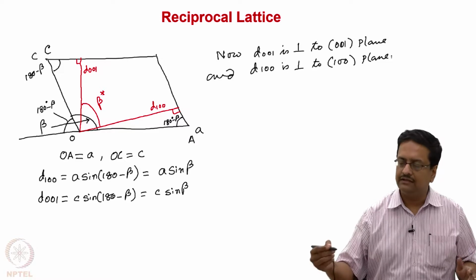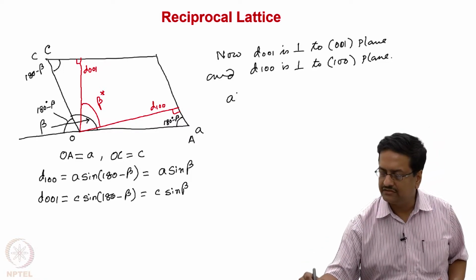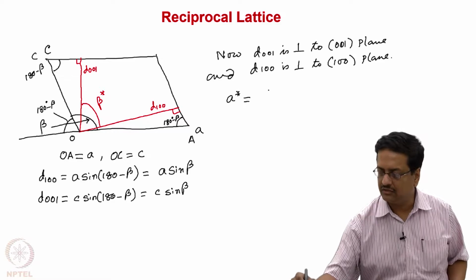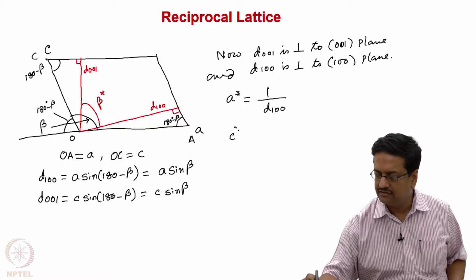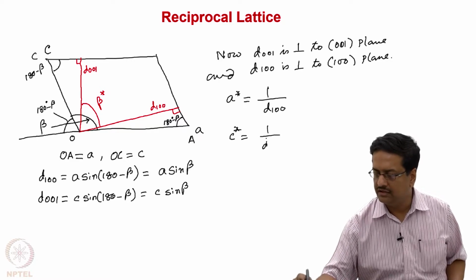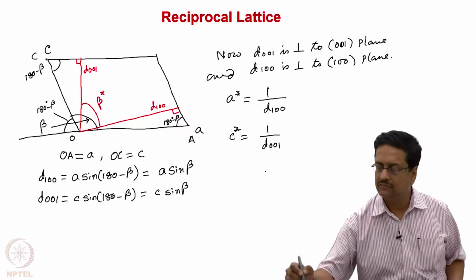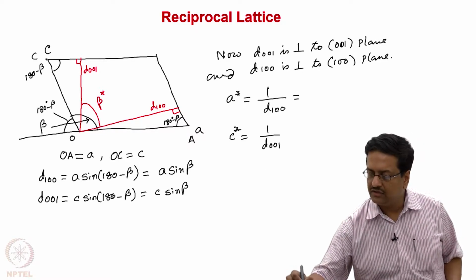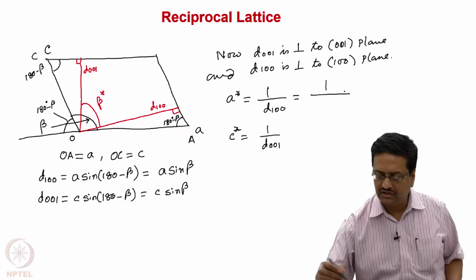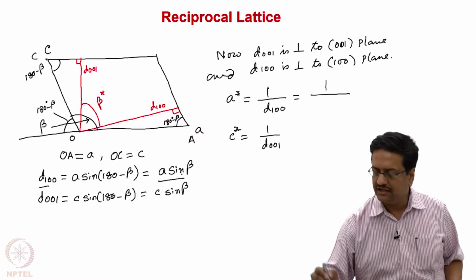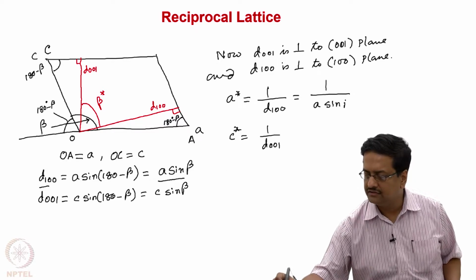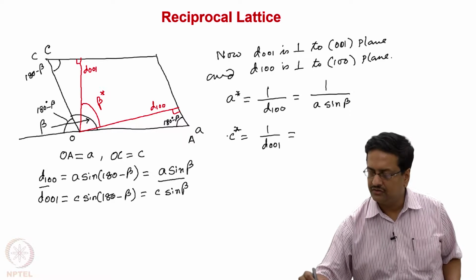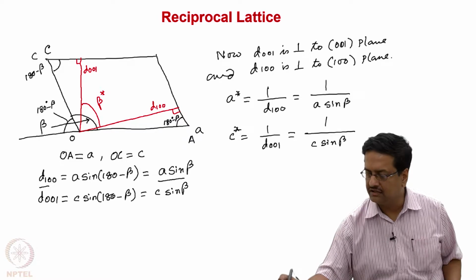So, the reciprocal lattice distance A star is nothing but equal to 1 by D100 and C star is equal to 1 by D001. Now A star is equal to 1 by D100 and D100 is A sin beta. So, A star is equal to 1 by A sin beta and correspondingly C star equal to 1 by C sin beta.